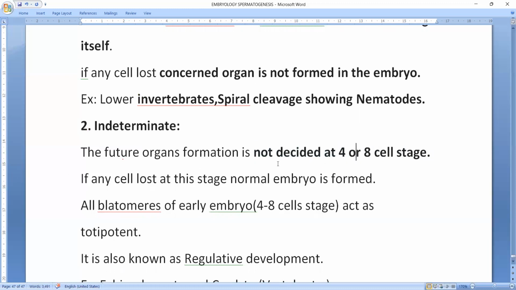In the determinate type of egg, at the 4 cell stage, if any cell is lost, then the organ related to it is not formed in the body.